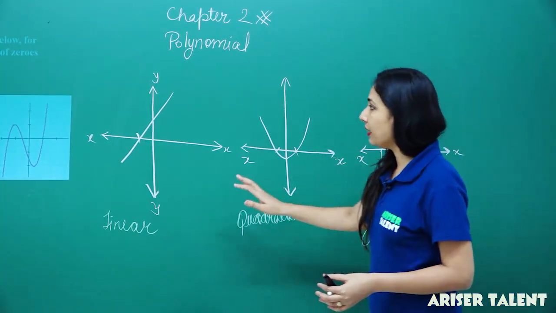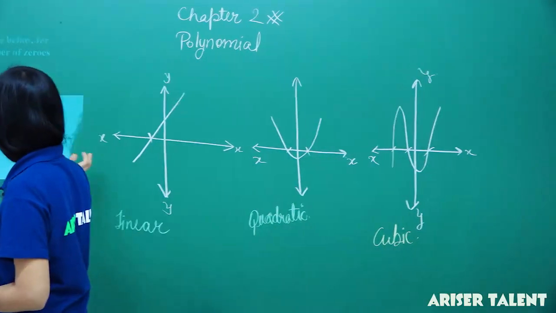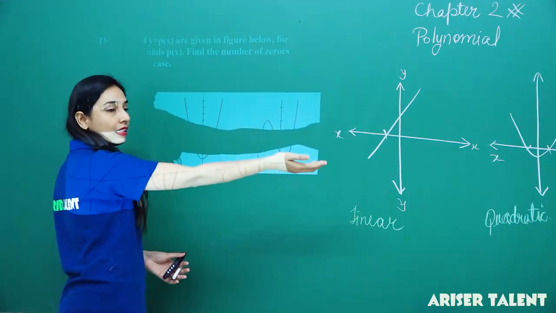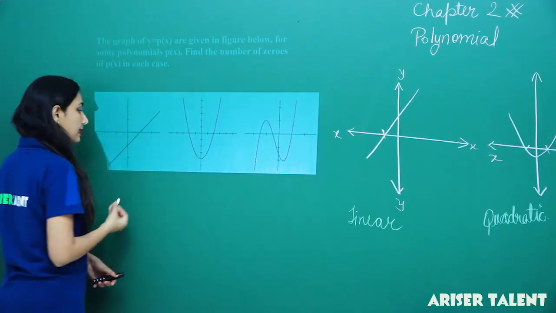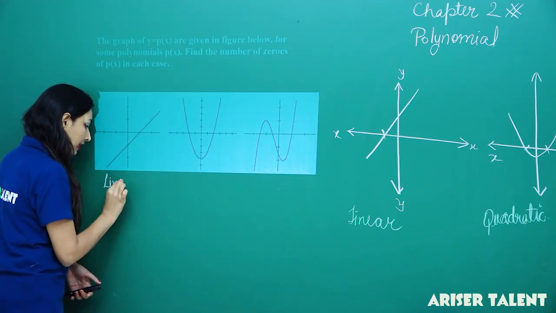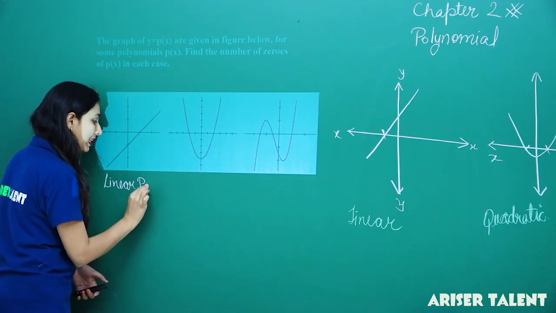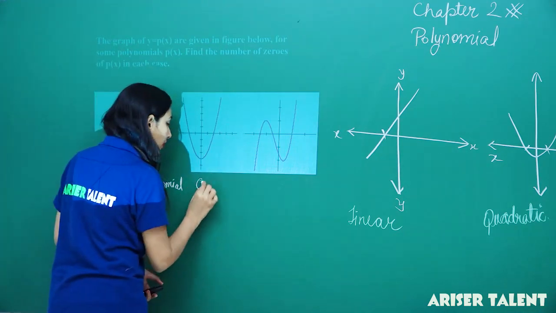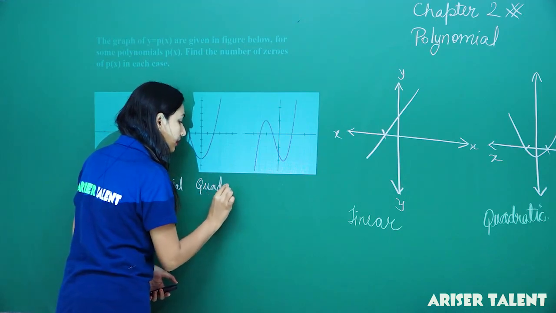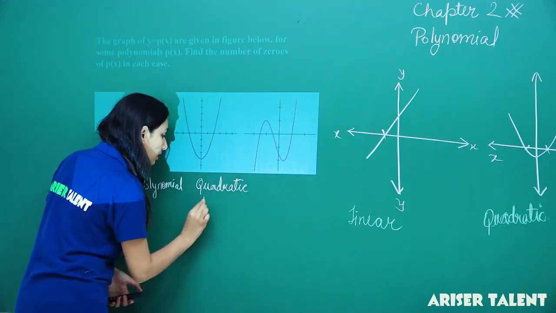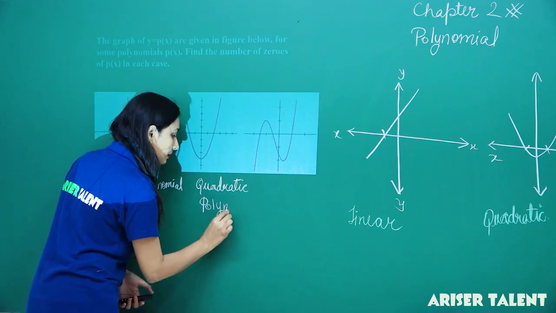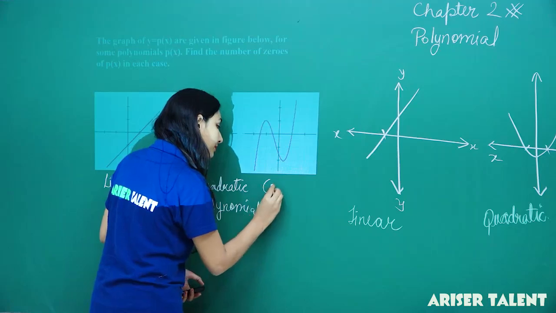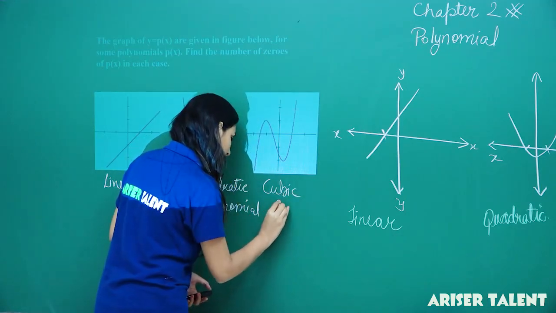If you compare, you can easily see that this is nothing but the linear polynomial graph. This is the graph for a quadratic polynomial, right? And this one is for a cubic polynomial.